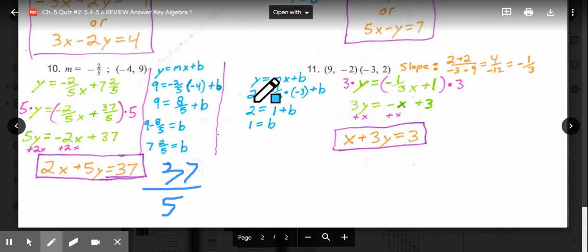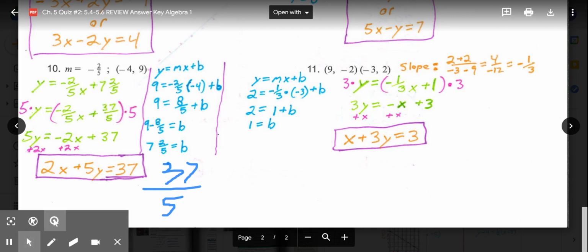So our equation would then be y equals negative 2/5 x plus 7 2/5, or negative 2/5 x plus 37 over 5. So when we have this equation, y equals negative 2/5 x plus 37 over 5, both denominators are 5.